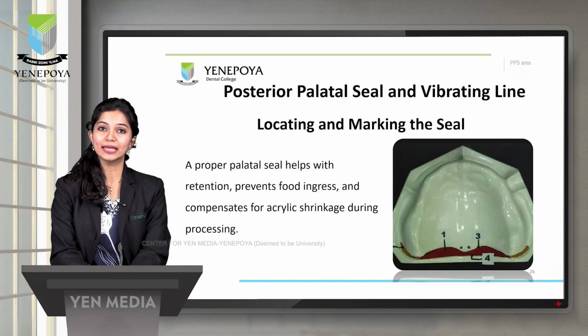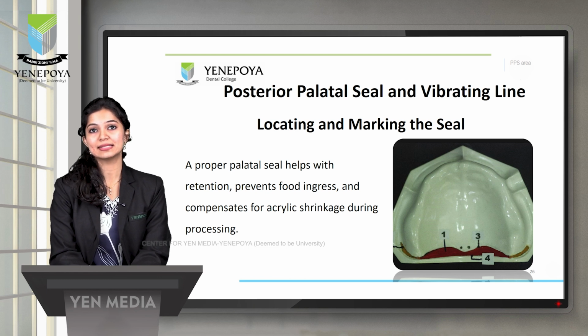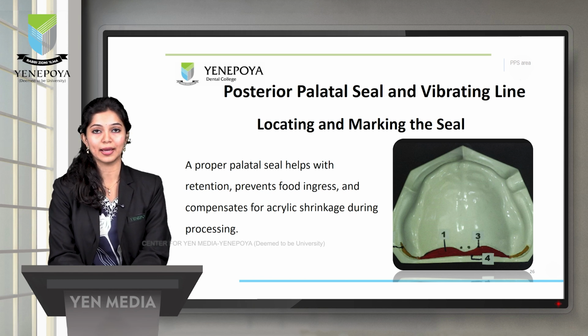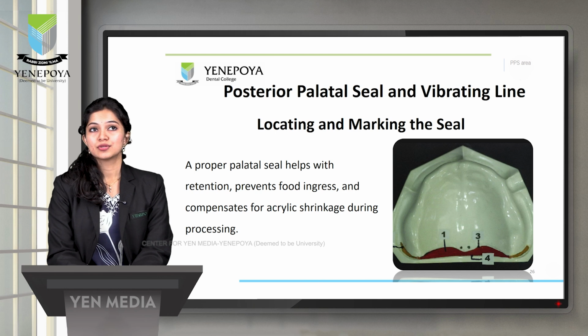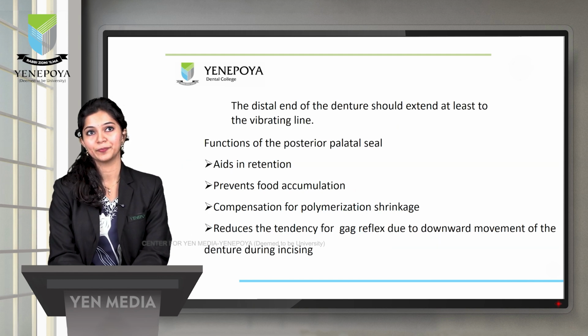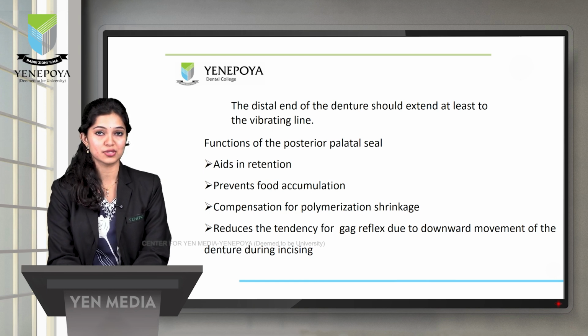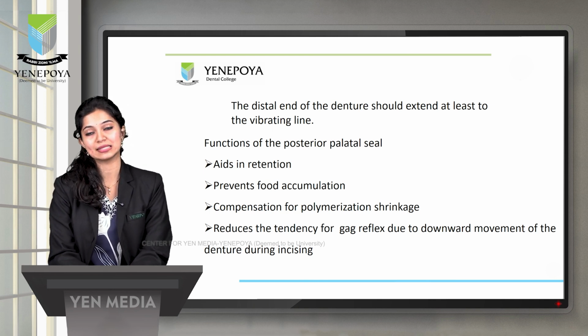Now the entire area between your anterior and posterior vibrating line is your posterior palatal seal area, or the PPS area for abbreviation. So there are a lot of functions involved in a PPS area. It helps with retention, prevents food ingress, and compensates for the acrylic shrinkage during processing. So there are 4 major functions, or the significance of posterior palatal seal area.